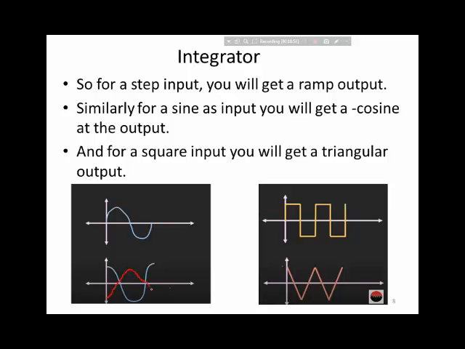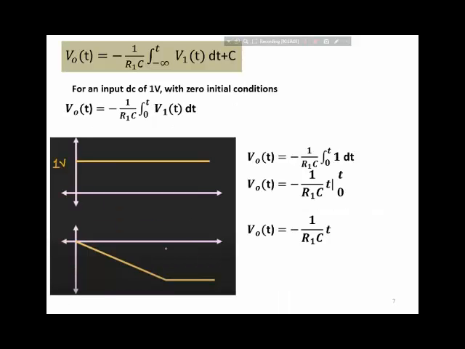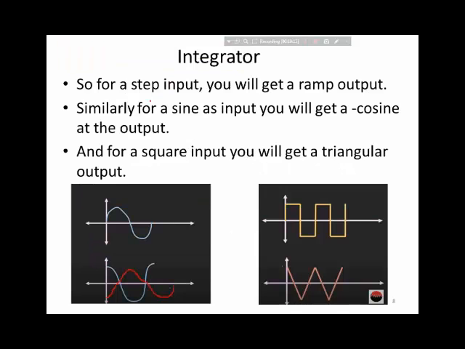Because it is an inverting amplifier, the output is minus of the integral of the input, and this minus and the minus cosine become plus cosine, so the output will be this.